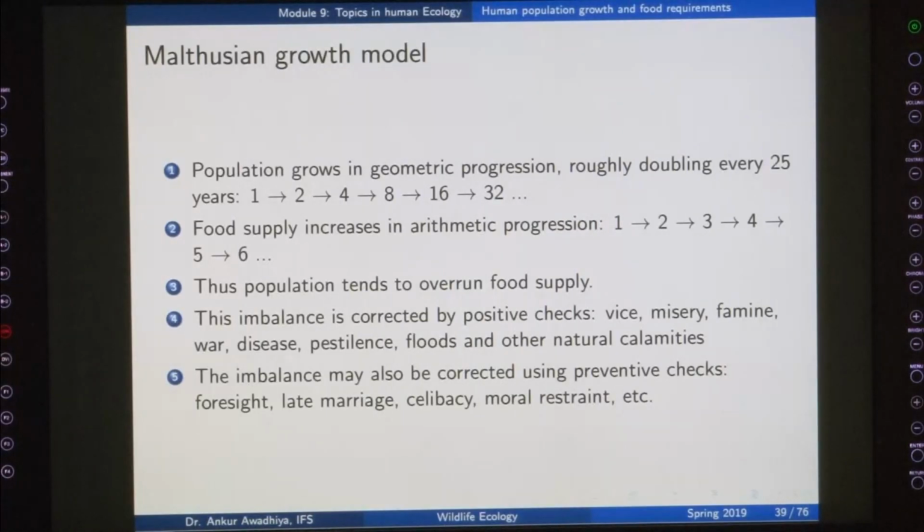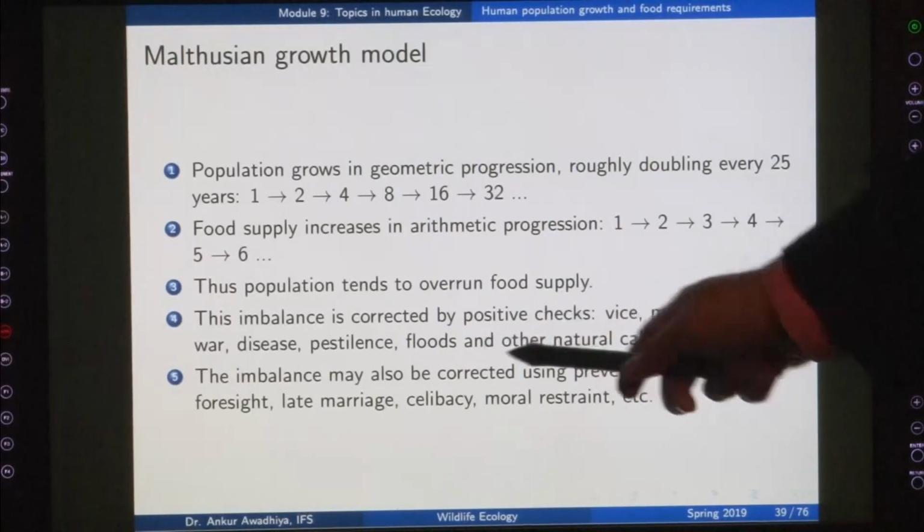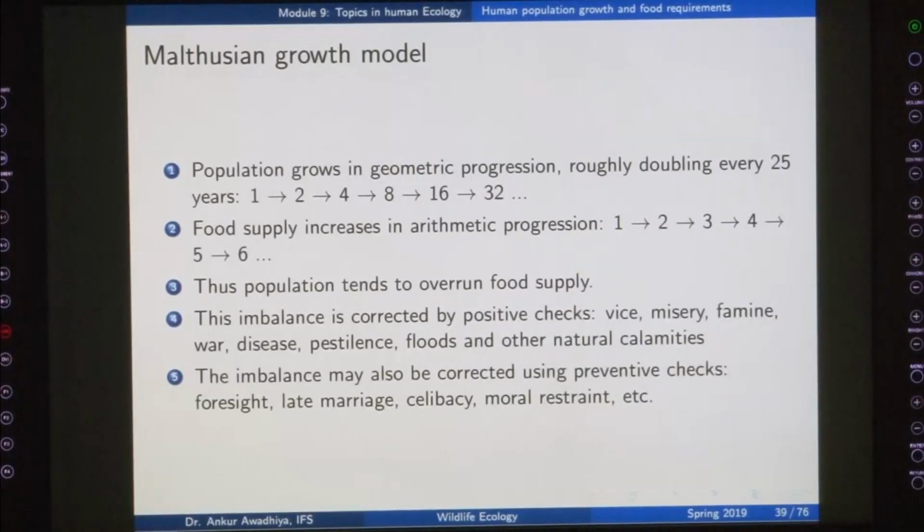And Malthus said that this imbalance is corrected by positive checks. So, these deaths of people he referred to as positive checks, and he said that these positive checks are vice, misery, famine, war, disease, pestilence, floods and other natural calamities. So, he said that in his theory we are not talking about intra-specific competition and some people who are able to drive off others, but that nature's way of solving this issue is to bring about some positive checks.